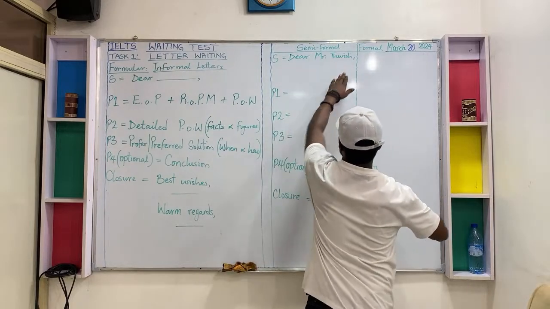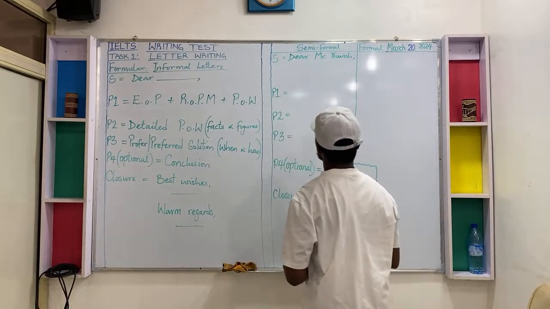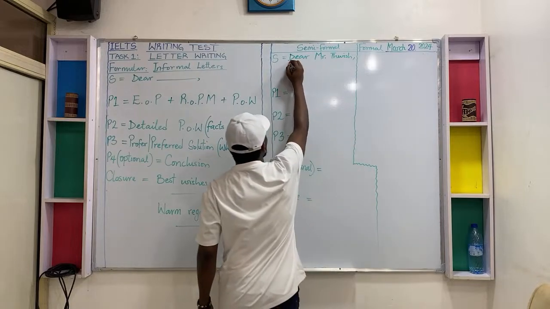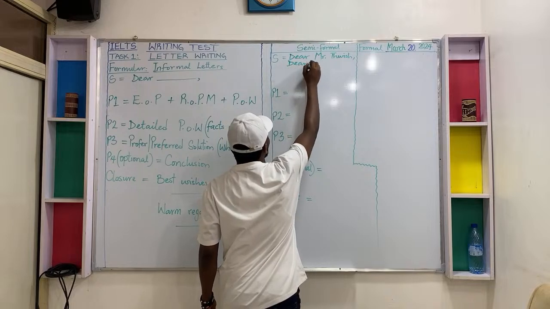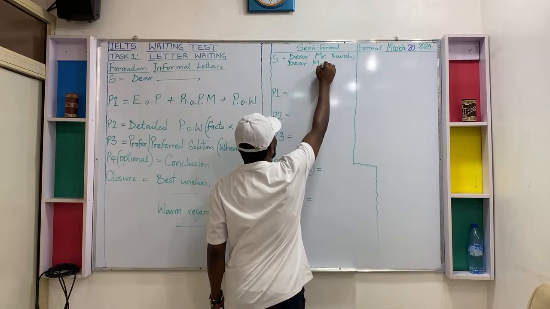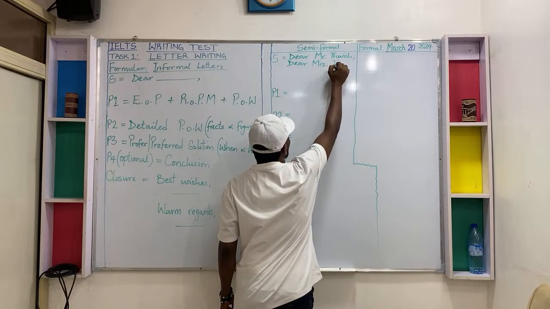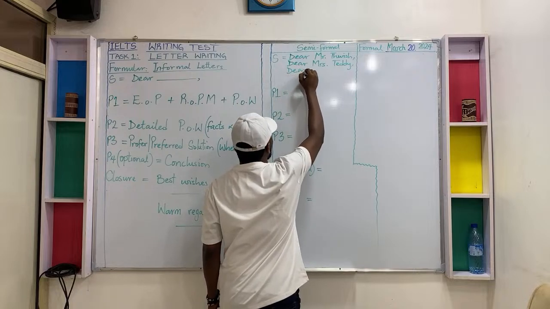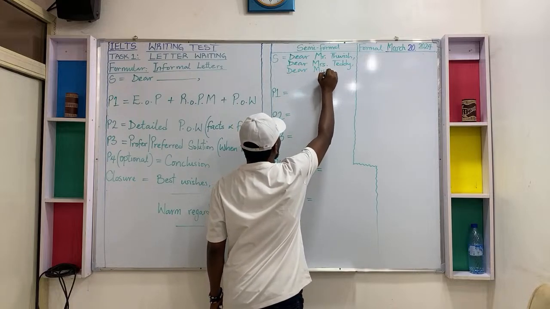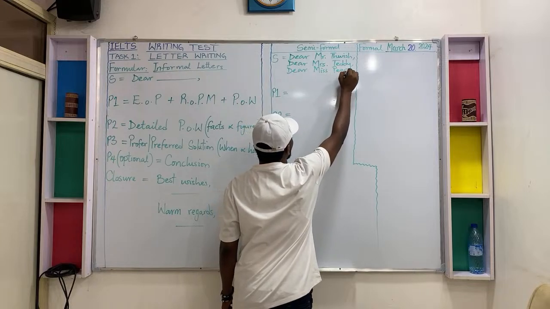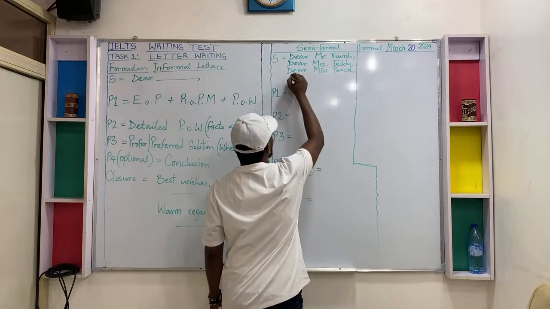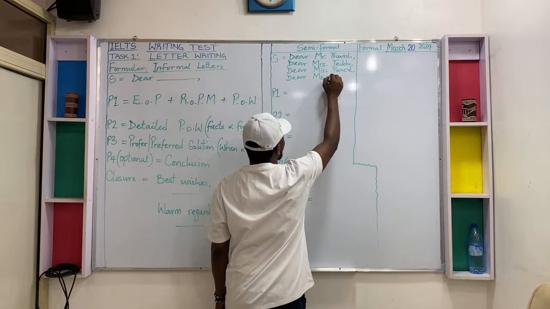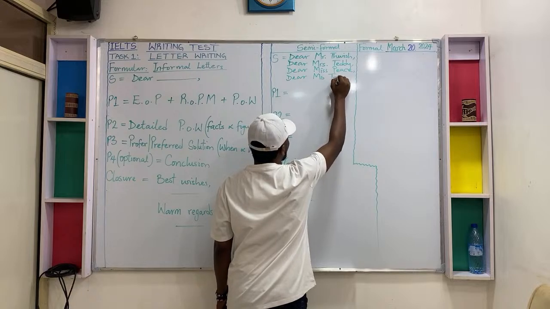This is a way to address someone when you're writing a semi-formal letter. It could be Dear Mrs. Teddy. It could also be Dear Miss Peace. It can be Dear Miss Tracy.